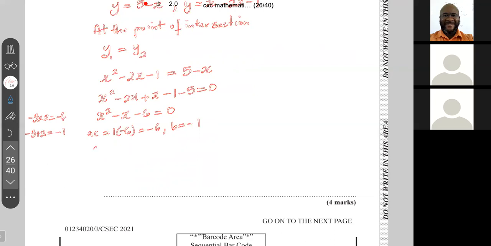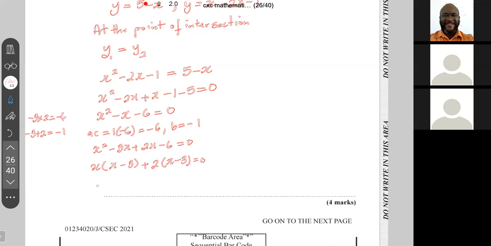So this is x squared. Use those two numbers to replace the middle term: minus 3x plus 2x minus 6 is equal to 0. x is common, and 2 is common in the next pair: x(x minus 3) plus 2(x minus 3) is equal to 0.